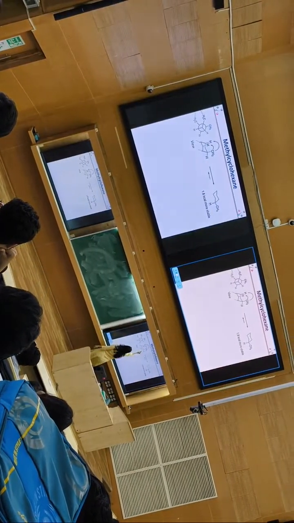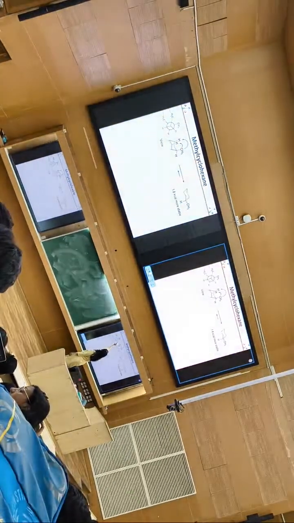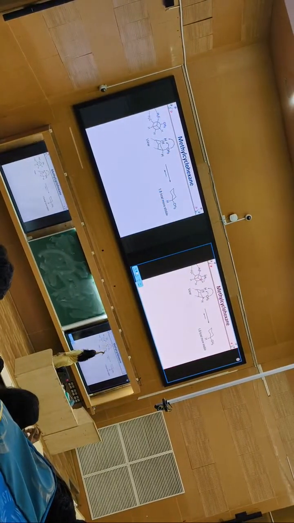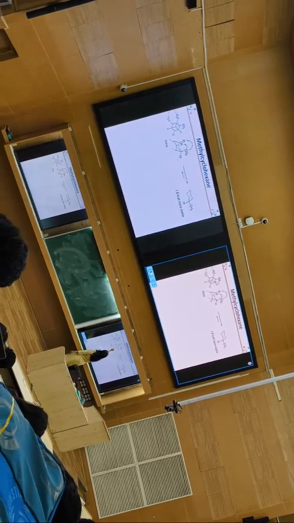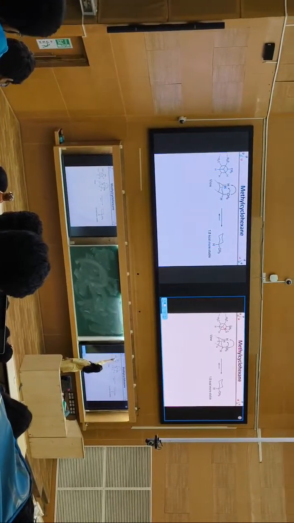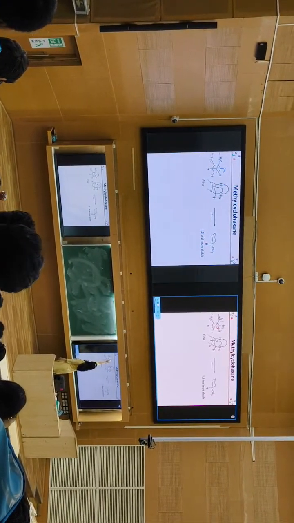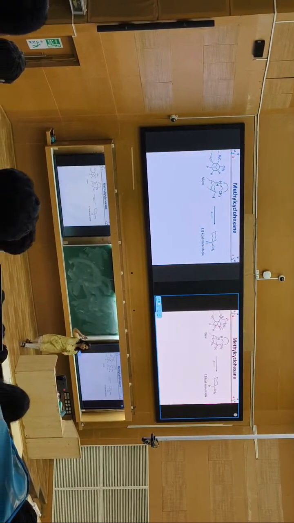So this is 1, this is 1, 2 you cannot see, it's at the back. Okay. This is 3, this is 3, this is 4. Okay. This is 60 degrees. That's why it's called gauche-butane.